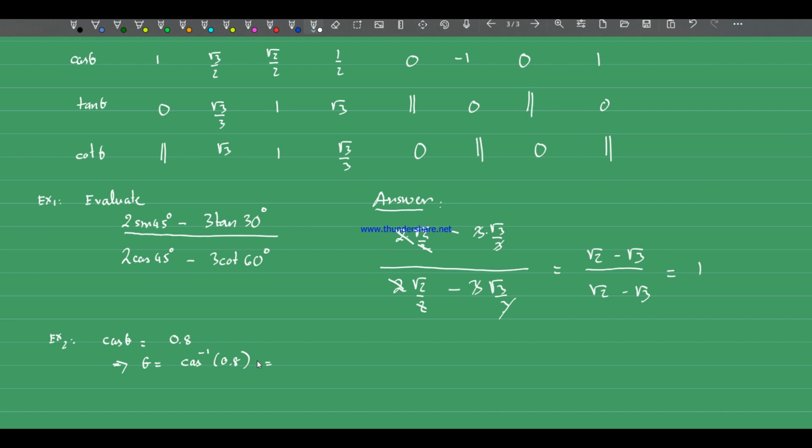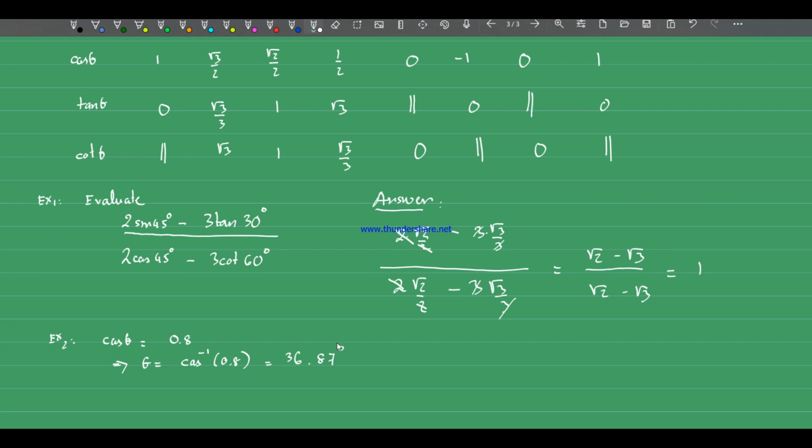So I had to go back and switch. Go to mode, and you click mode, and you go to degree instead of radian. Click enter, quit, and you put inverse cosine of 0.8. Then it gives you about 36.87 degrees.